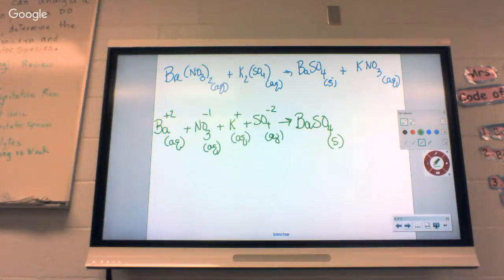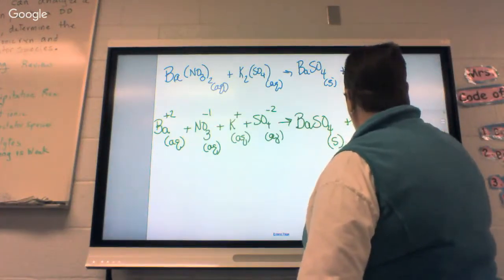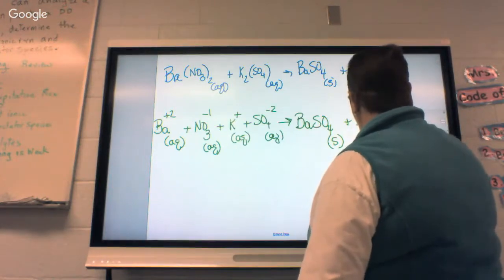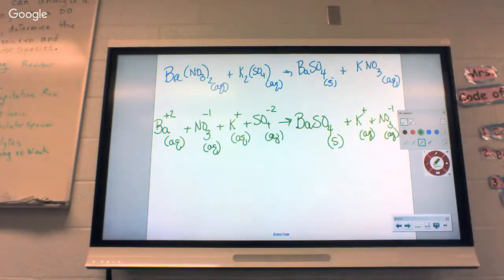Now, I have one compound to go. I haven't done the KNO3. Okay? NO3 has to also be split. So, now they're all split. All right, everybody caught up?